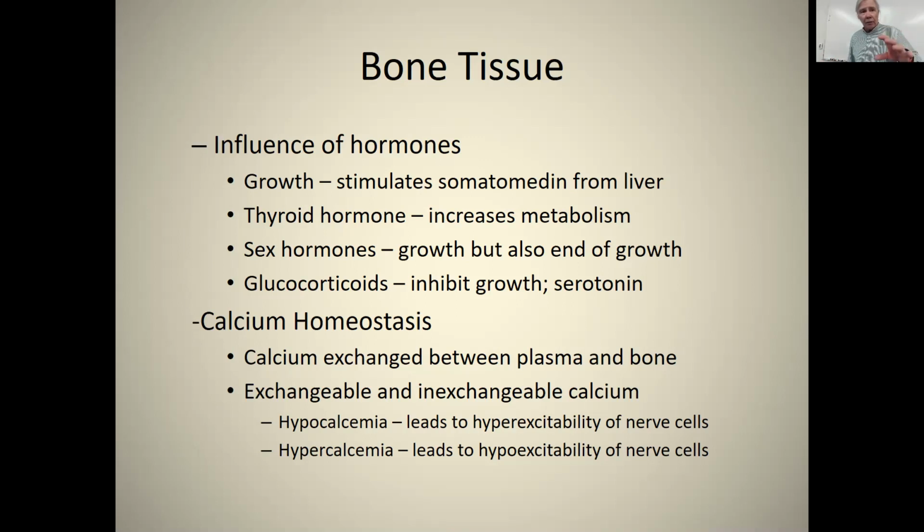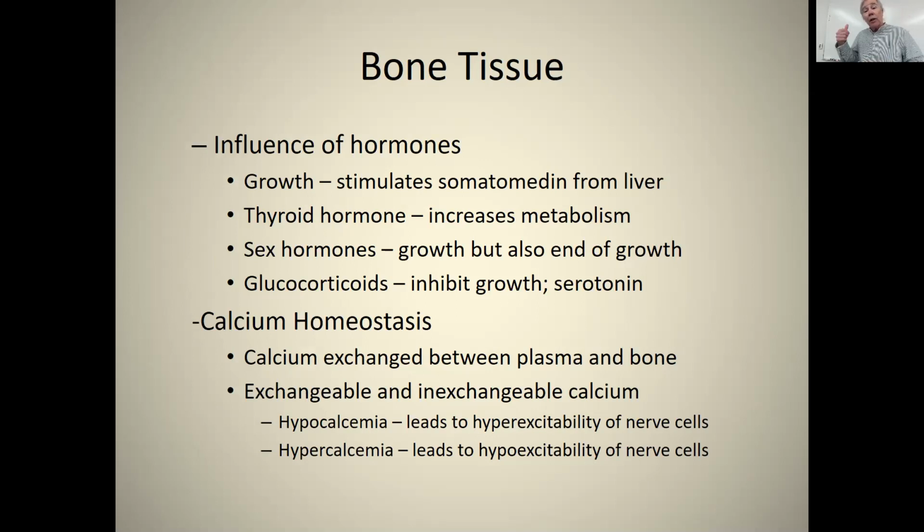So, calcium homeostasis, and one of the major things bone tissue does is calcium homeostasis. Calcium exchange between plasma and bone. So there's exchangeable and inexchangeable calcium. Hypocalcemia is too little calcium in your blood, and that leads to hyperexcitability of nerve cells. But hypercalcemia, too much calcium in the blood, leads to hypoexcitability, turning down the excitability of nerve cells.